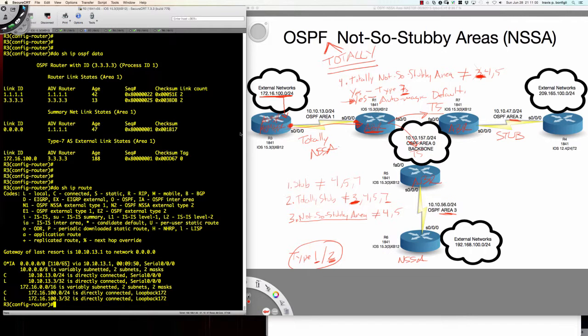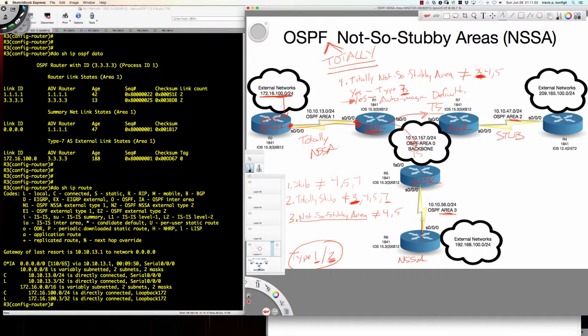So when router 6 sent that type 7 up here to router 5, and then router 5 flooded it out to everybody else in the OSPF domain as a type 5, when it hits router 1 as a type 5, router 1 says, not so fast, I am a totally not so stubby area. I can't take your type 5. In fact, I can't take your type 4 or your type 3s, right? None of those are going to get picked up.